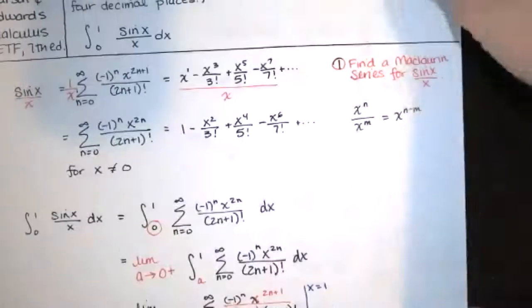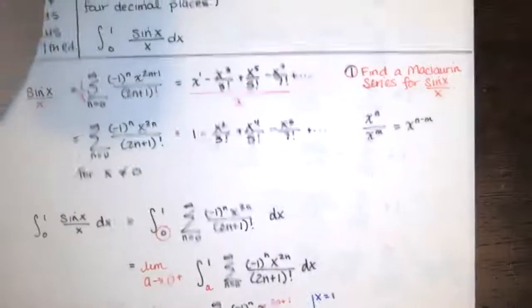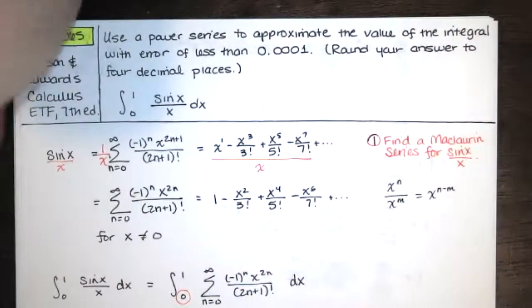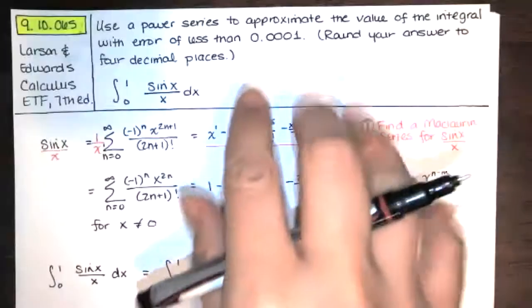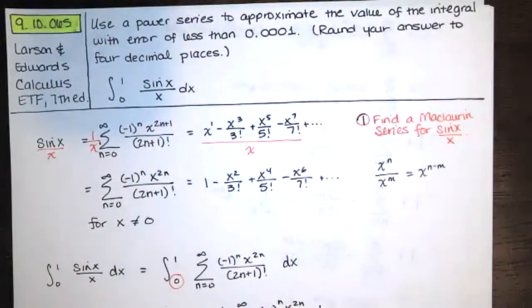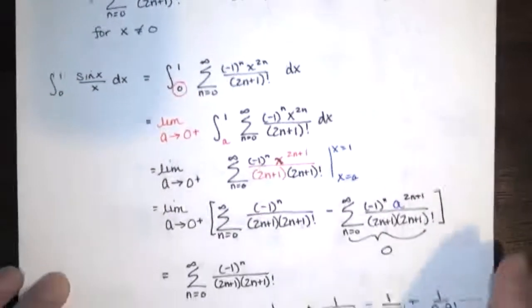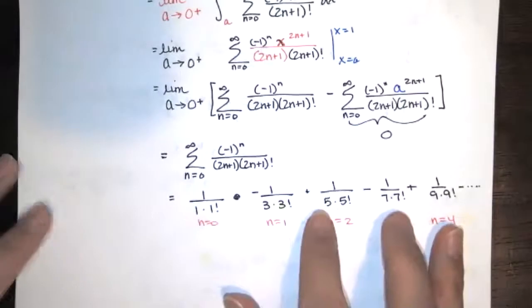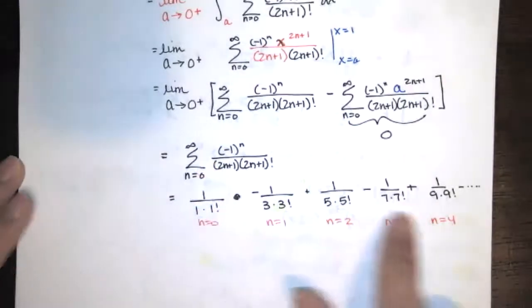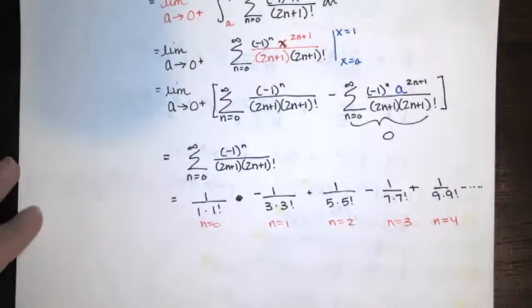And the question asked us to approximate the value of the integral with an error less than 0.001. Well, one thing that I notice about this is that this is an alternating series because of this positive, negative pattern.